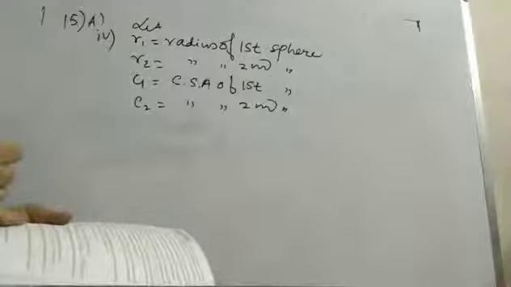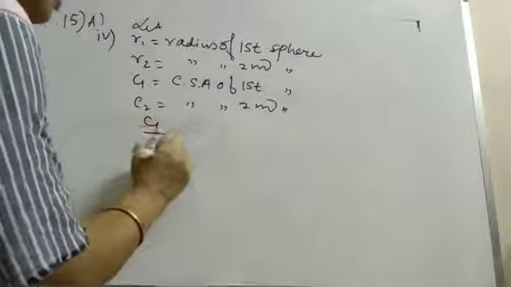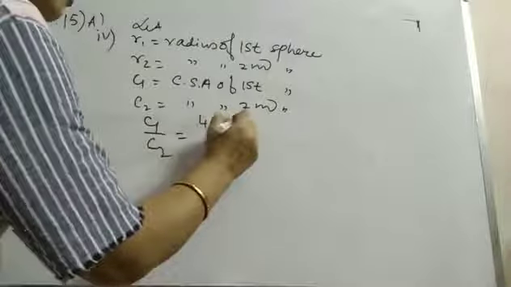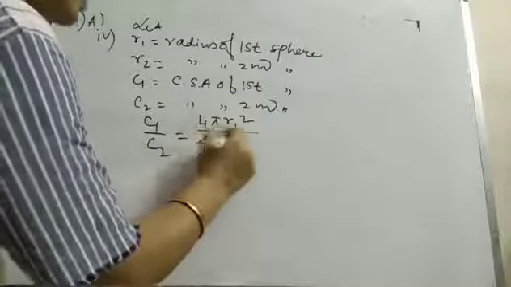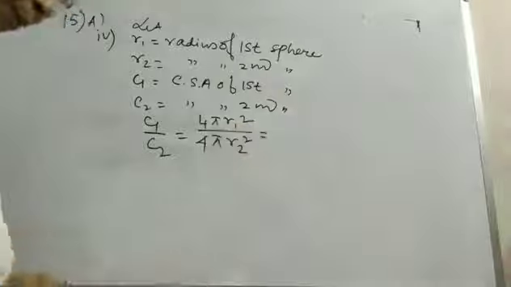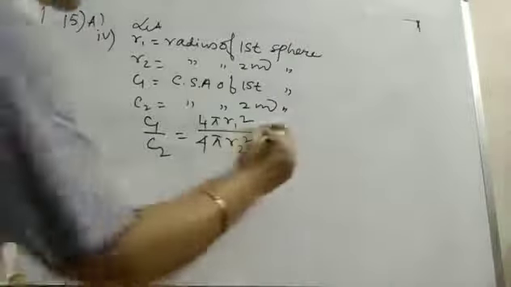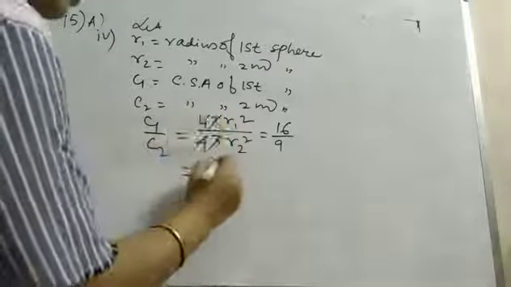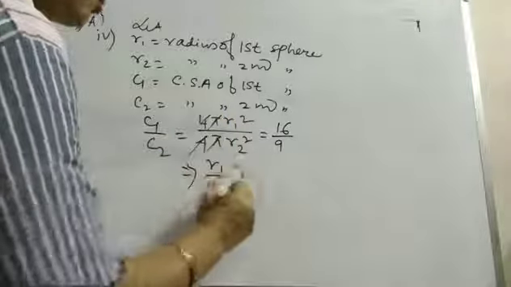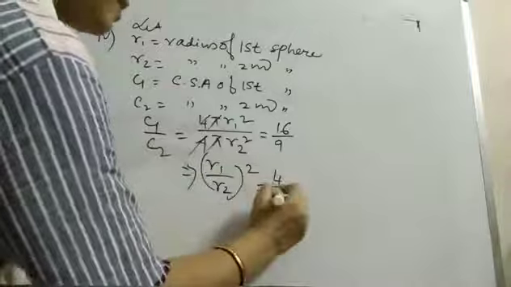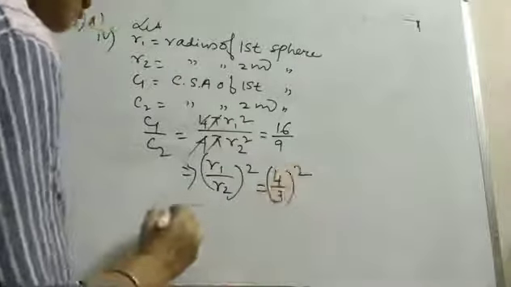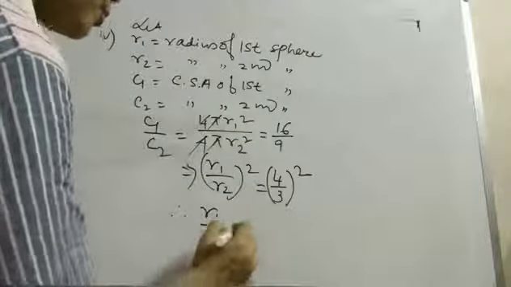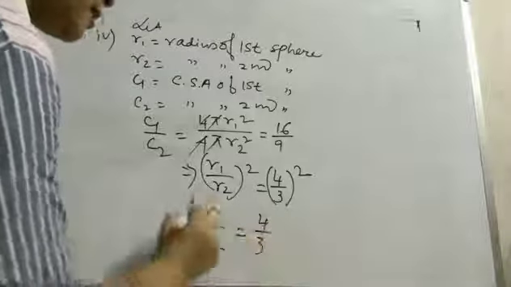Here C1 by C2 equal to 4 pi R1 square by 4 pi R2 square equal to 16 by 9. It is given. 4 pi cancels out. R1 by R2 whole square equal to 4 by 3 whole square. That is R1 by R2 equal to 4 by 3.